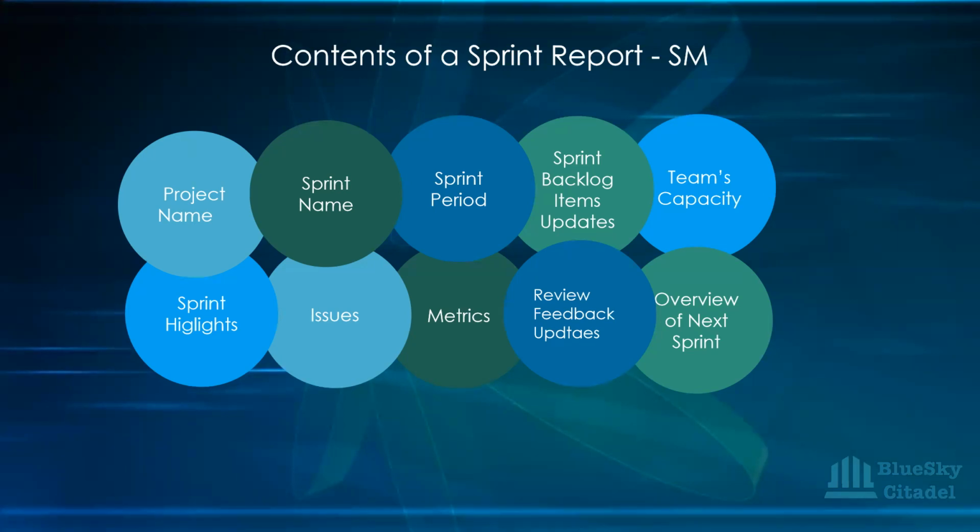So your team's capacity could be something like, okay, initially when you were planning for the sprint, let's assume you had 4 team members who were able to give their full capacity, say they'll be available throughout the sprint. And then at the end of the sprint, do you still have the same capacity? It's possible that 1 or 2 people fell ill, they had an emergency, they had to leave work and all that, so they didn't finish. Maybe they just did 1 week of the sprint, they didn't do the other week.